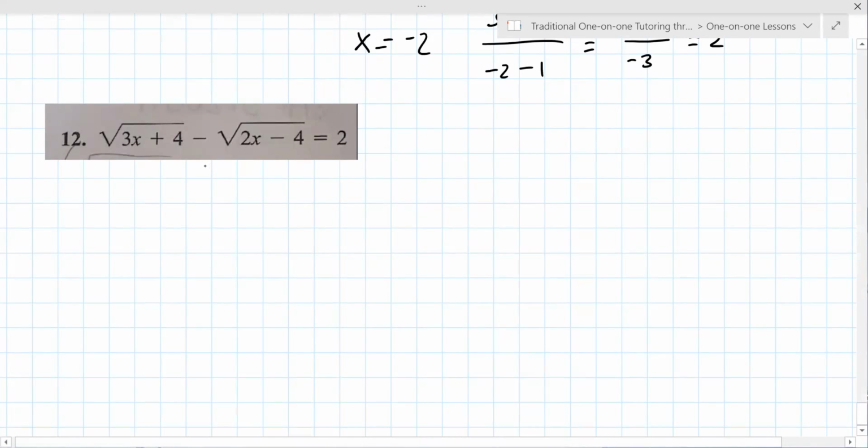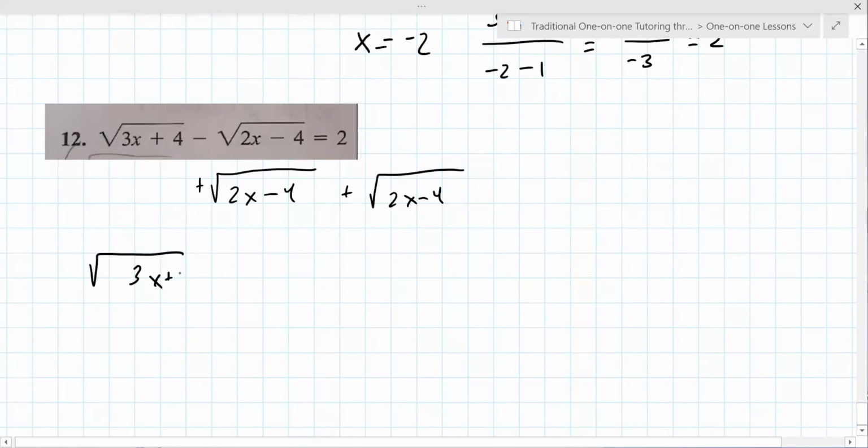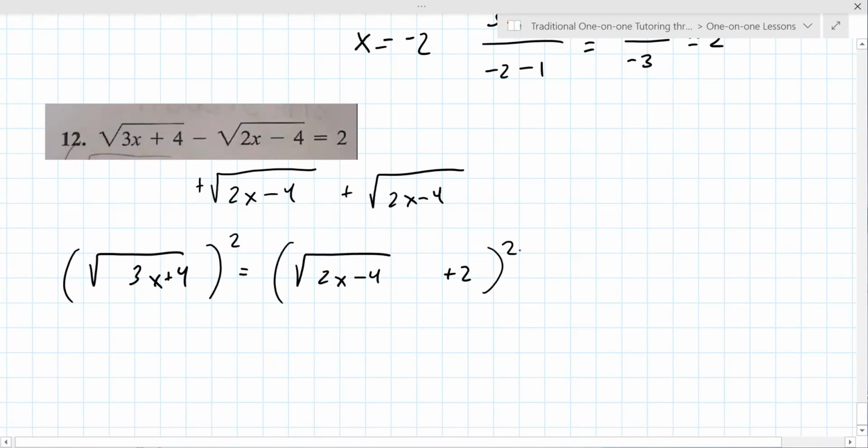So I'm going to add this term to the other side because we want to keep everything positive.